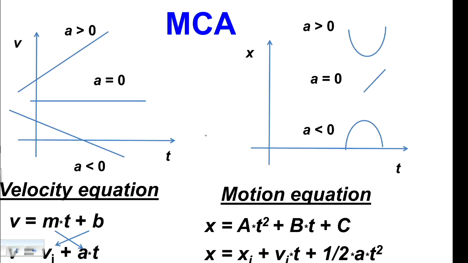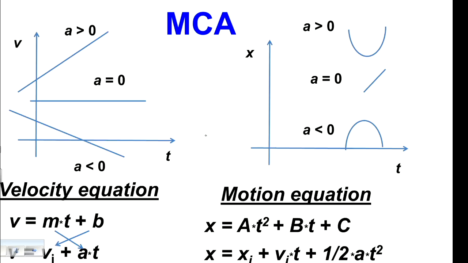And this is the summary. So the velocity equation for a mathematician looks like this. The slope, y-intercept. The velocity equation for a physicist looks like this. The slope represents acceleration. The y-intercept represents initial velocity.